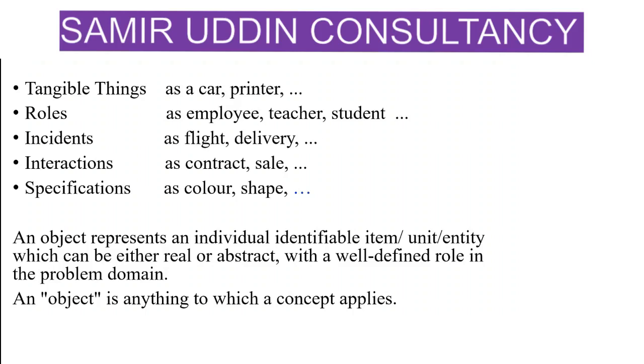So an object represents an individual identifiable item, unit, or entity, which can be either real or abstract, with a well-defined role in the problem domain. An object is anything to which a concept applies.